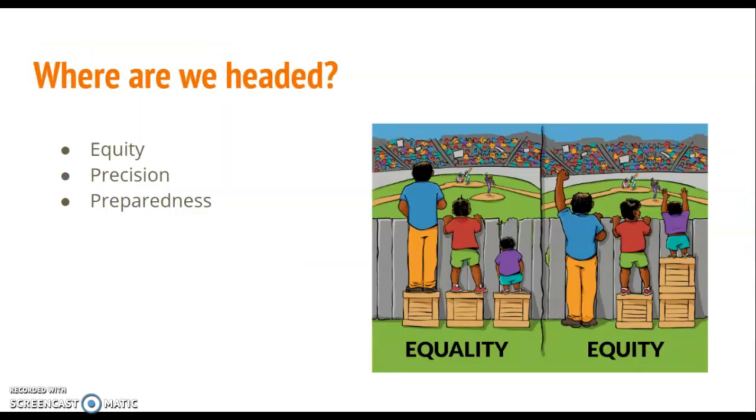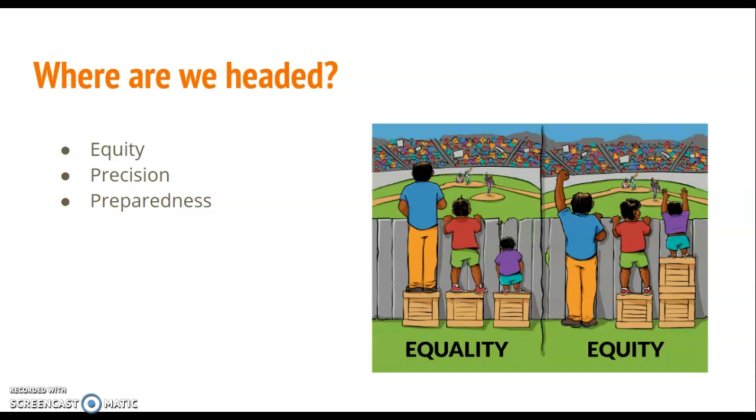What we are working on, I would look at those first 2 bullets as very closely related. We want to make sure that from an equity perspective, every student gets what they need. And in order to do that, we need to look more precisely at the data we're collecting, at the skills that our students are demonstrating, and dig a little bit deeper to identify exactly where goals should be set in order to meet learners where they are.